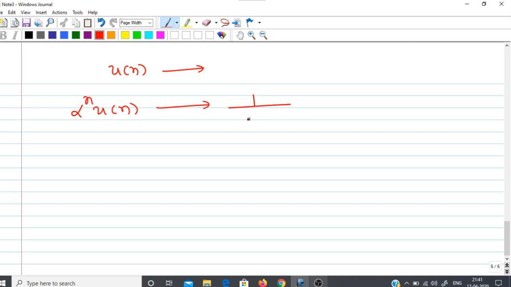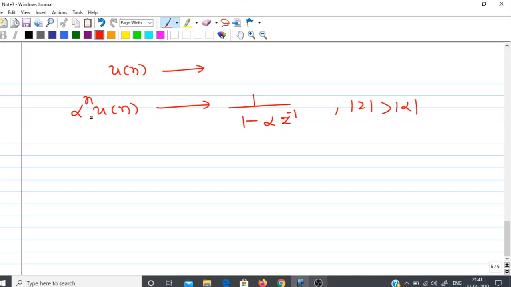We already know this sequence's Z transform. What is the Z transform of u(n)? If you remember, we worked out the Z transform of alpha to the power n u(n), and it was 1 upon 1 minus alpha z inverse with mod z greater than mod alpha.